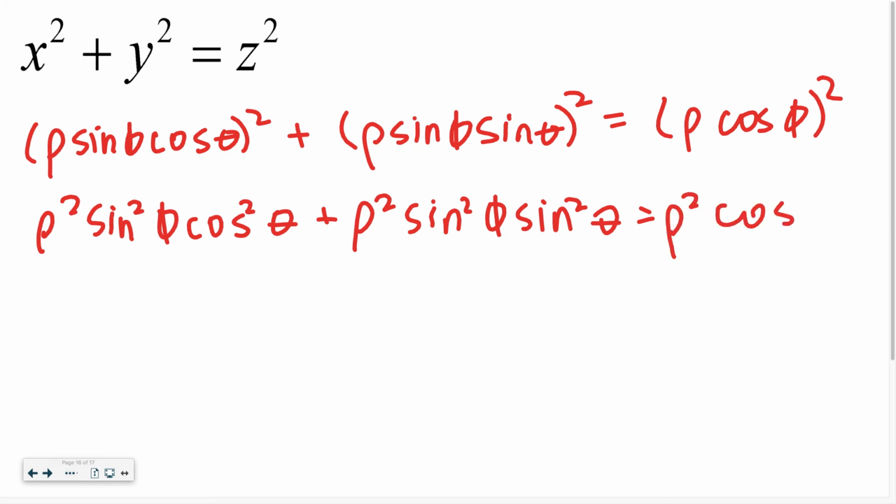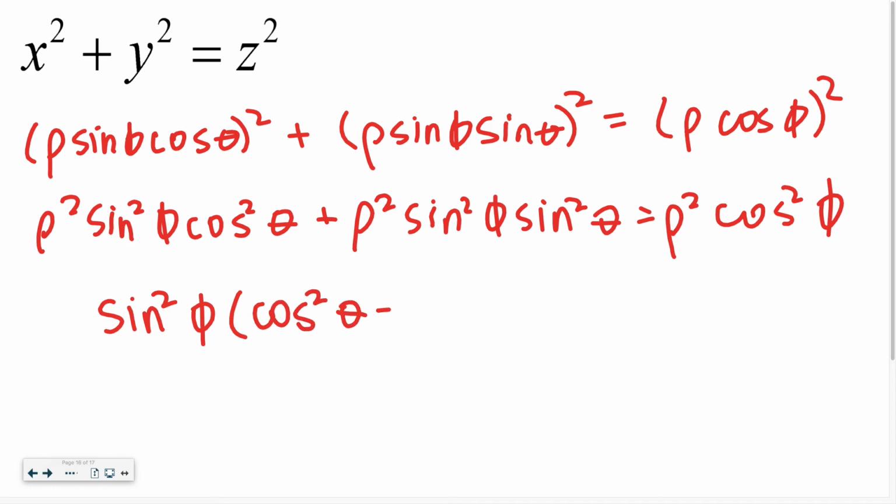You can divide everything by rho squared. Okay. So the rho squareds can be divided out. And what's in common on the left side? Sine phi squared. Which means left over is, wow, cosine squared theta plus sine squared theta.